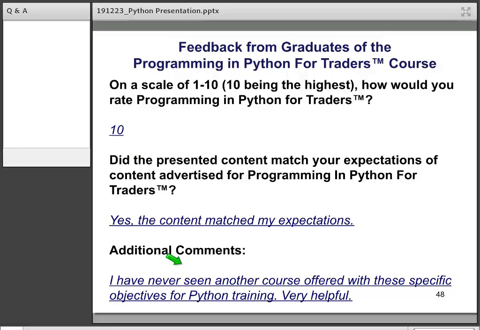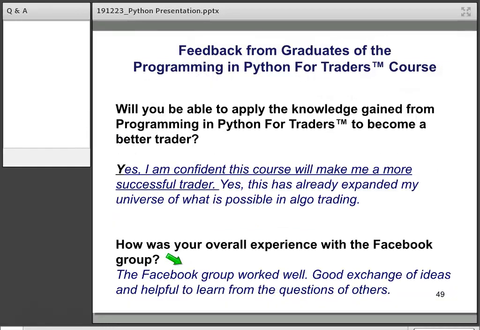And additional comments: I've never seen another course offered with these specific objectives for Python trading. Very helpful. This gentleman had a Python background, and as you can see over there, he had never seen any course that was like this before. It's very positive. This gentleman said that he was confident the course was going to make him a more successful trader. And as you can see, the interaction for Facebook was good for him.